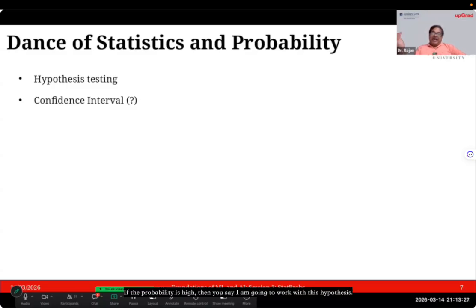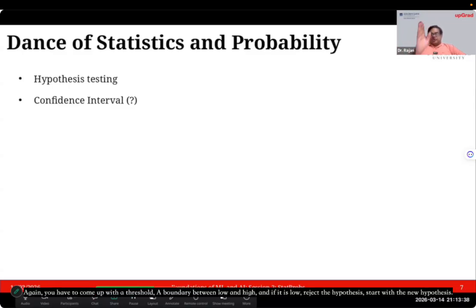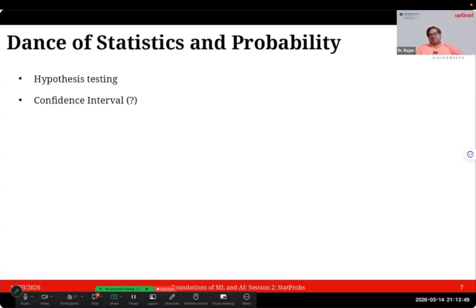If the probability is high, then you say, okay, I'm going to work with this hypothesis. If the probability is low, what is high, what is low? Again, you have to come up with a threshold, a boundary between low and high. And if it's low, reject the hypothesis and start with a new hypothesis.